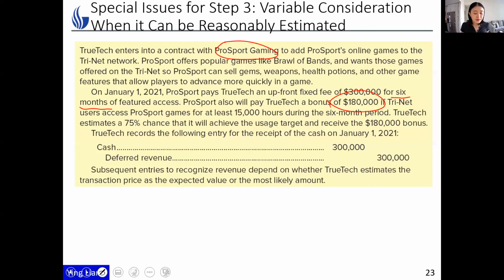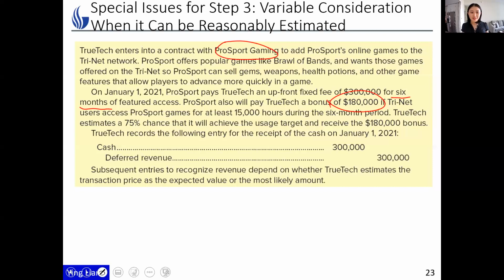TrueTag estimates a 75% chance that it will achieve the users' target and receive this $180,000 bonus, which means there's a 25% chance that you cannot guarantee the 15,000 hours. Well, although I want to recognize it for sure at once, I'm not allowed to do it.